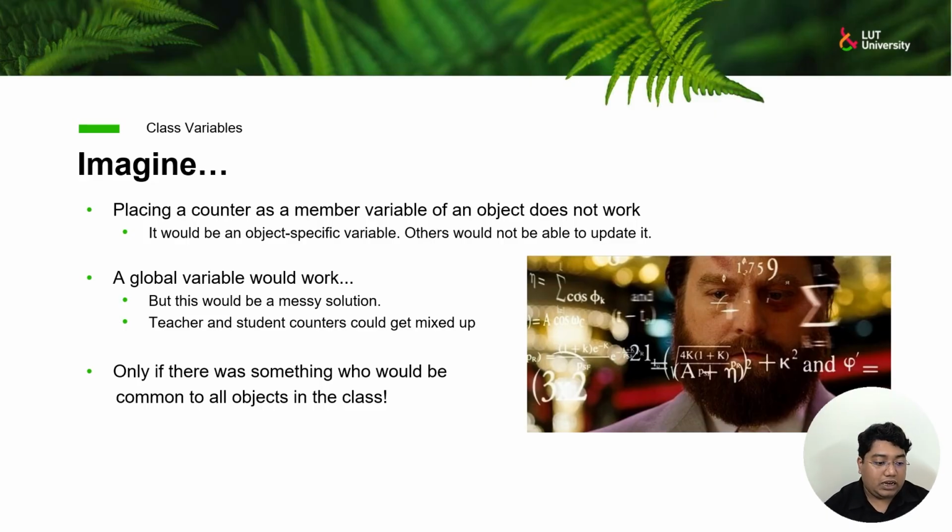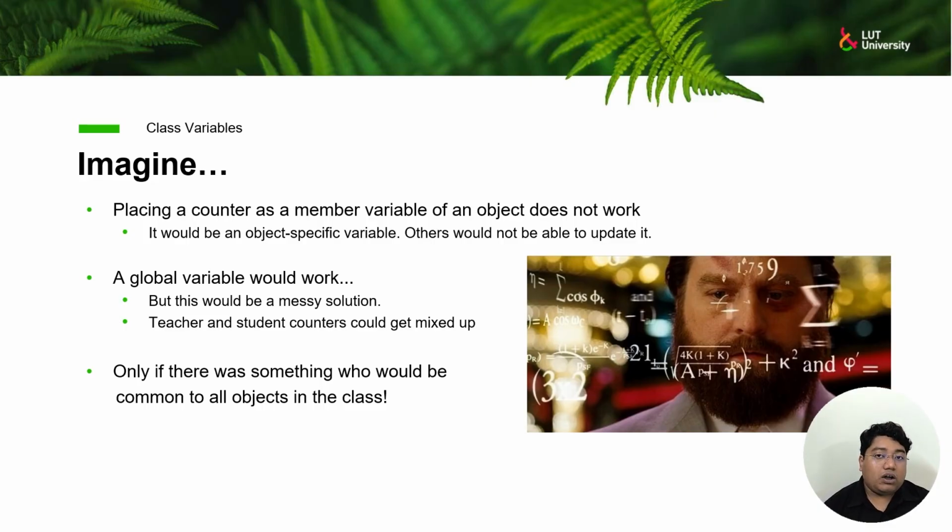Keep that in mind. It becomes easy to mix them up or accidentally modify the wrong one, as we have discussed in the namespace lecture earlier. The counter is related specifically to the student class. It really shouldn't live outside that class, right? According to the object-oriented design pattern.